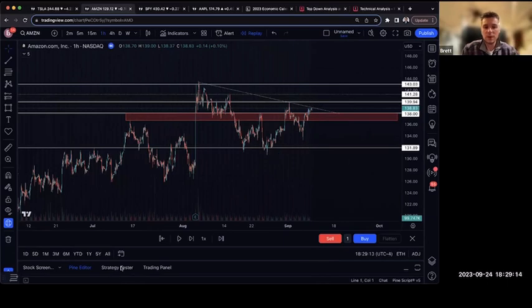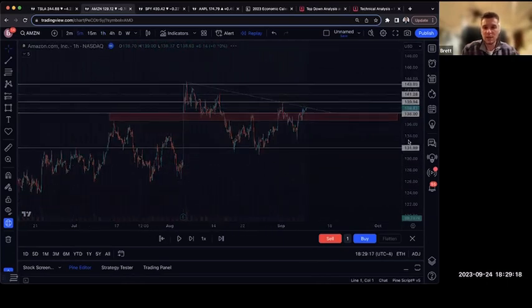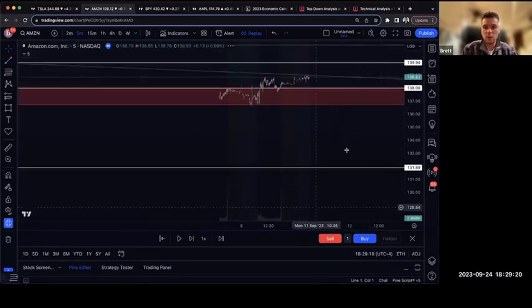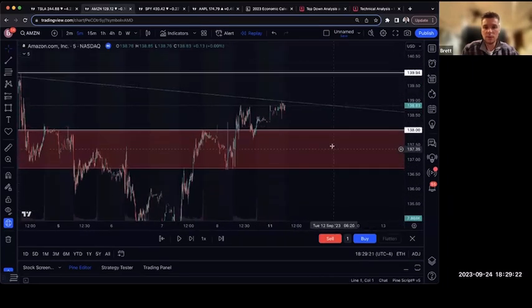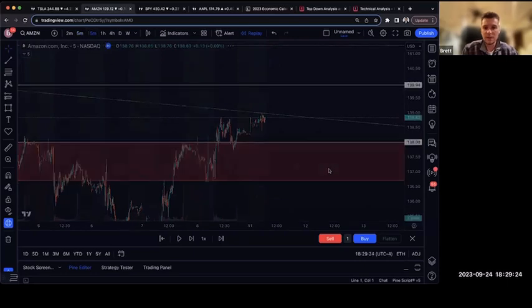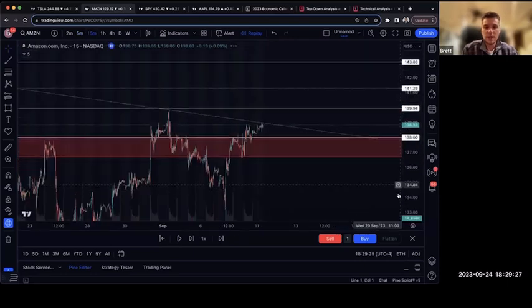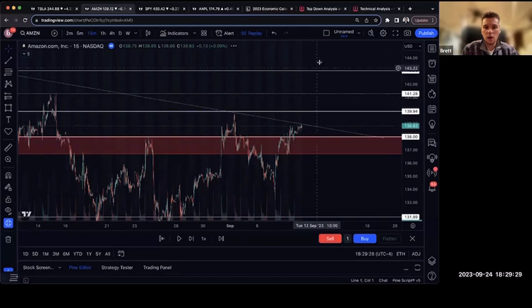So if you can see here, what ended up happening on Amazon was that as soon as this break occurred, as soon as we got above 140 on the 15-minute time frame, let's go over the 15-minute time frame, you're going to see how quickly we saw 143. Have you guys seen crazy moves to the upside or crazy moves to the downside? Well, the reason why is because typically people notice these things.